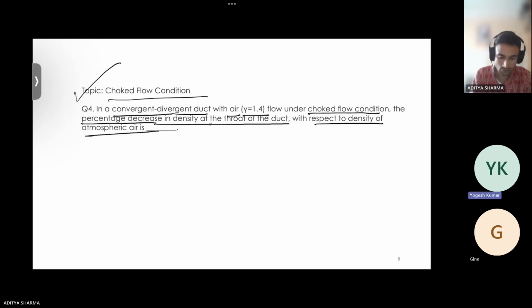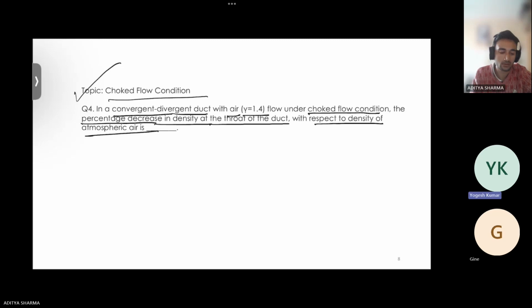Because if we can get the ratios, we don't want the exact number of the density. The ratios will work. So if we have the ratio of density at the throat to the atmospheric density, that would be sufficient, right, Yogesh?